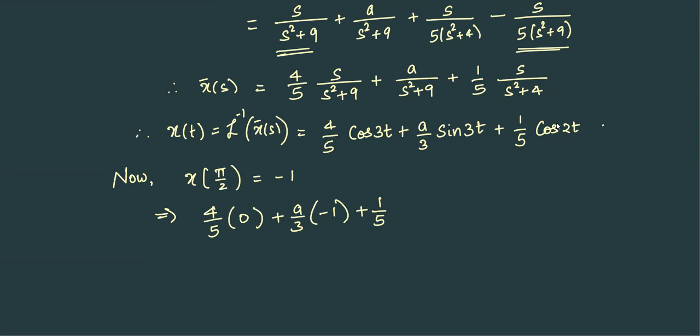T is pi by 2. 2t will be pi. Cos pi is -1, is equal to -1. So we get minus a upon 3 is -1 plus this 1 upon 5, which is -4 upon 5. So which gives a is equal to 12 upon 5.